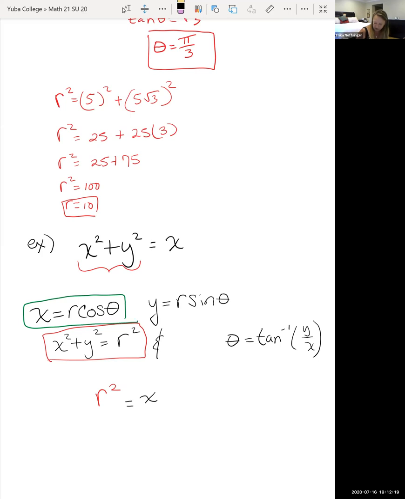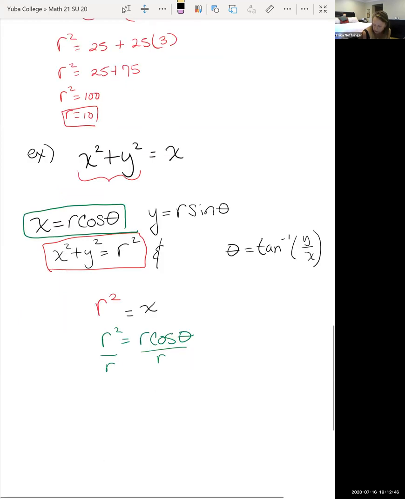So we have r squared is equal to r cosine theta. I don't know why they do this, but they have their answer where they only have a single r. So if we divide both sides by r, we get r equals cosine theta.